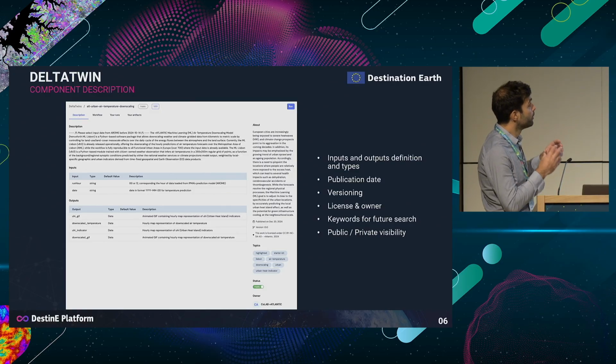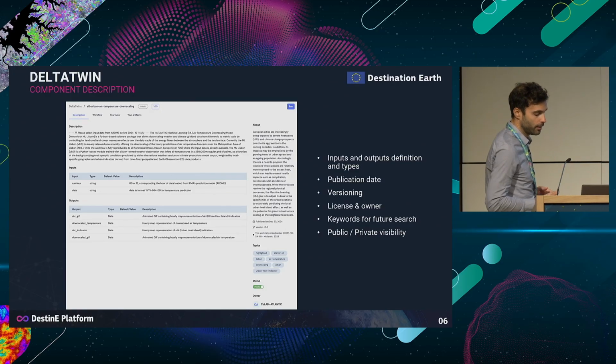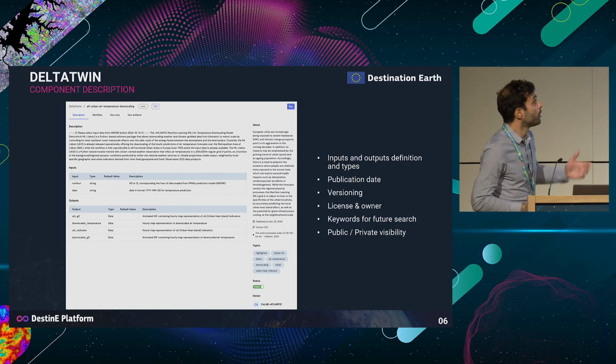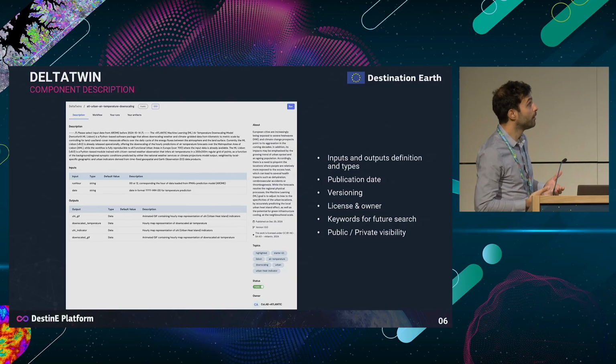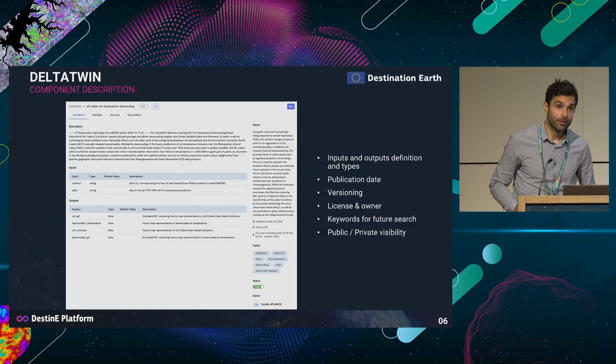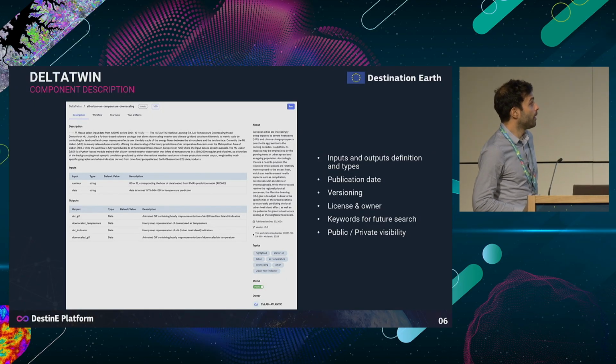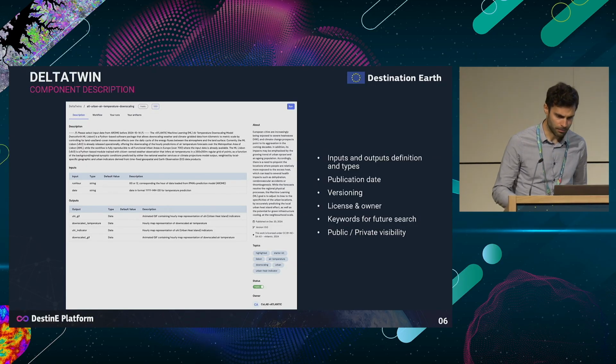Also, you can get information about the input of the processing, the output. You can add external information about the component. You can add topics for better search later. And we see also the status can be public and private.